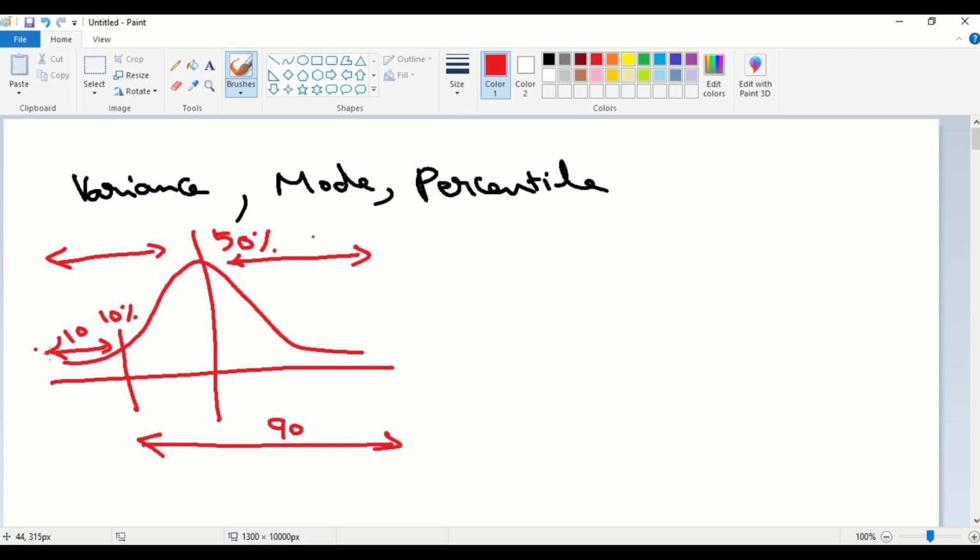Suppose if we take 100 data, first 10 data will be under 10 percentile and other will be after 10 percentile. So we have different types of percentile, but the most used ones are 10 percentile, 25 percentile, 50 percentile, 75 percentile and 90 percentile. The value below 10 is 10 percentile, and above that it is 90 percentile.